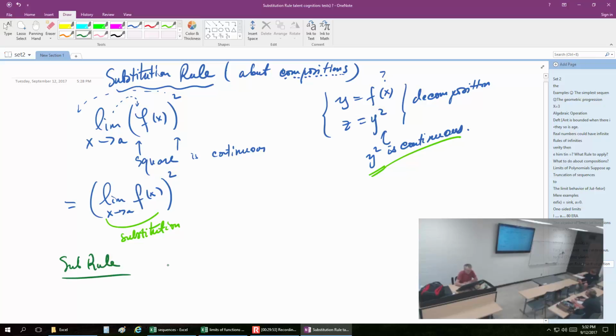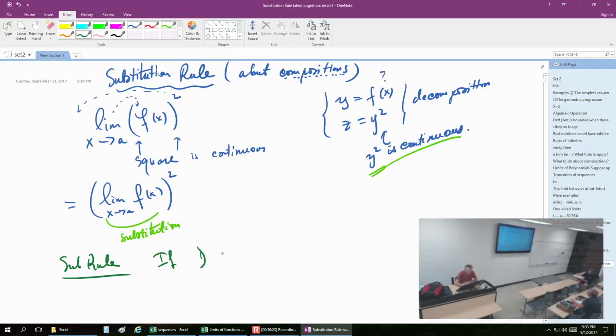So if, say, g of y is continuous at L. Hold on a second. That is the second part of the statement. So we have two functions f and g. f is still the function on the outside and g is on the inside.